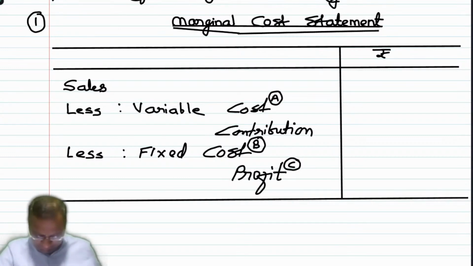Okay, Kani Moji, very good, beta. The answer is correct. What about the views of other students, whether it covers the selling and distribution overhead? The answer is a big yes.